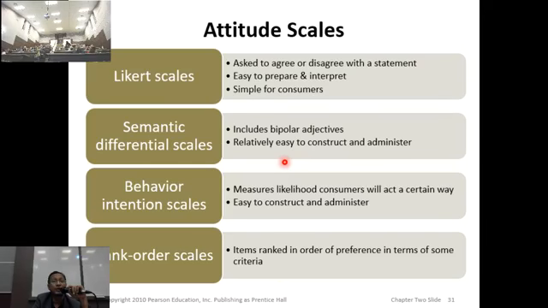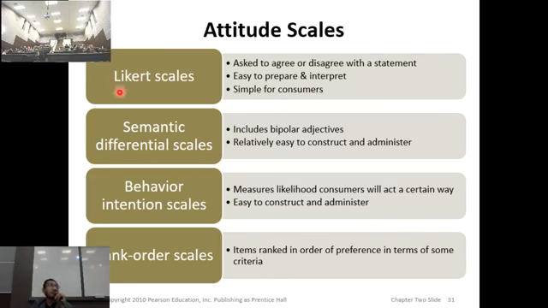Easy to prepare and interpret, simple for consumers. Remember the question that you received? We have agree to disagree. Sometimes they give a 5, sometimes a 3 scale, sometimes 7. So this is what we call the Likert scale.